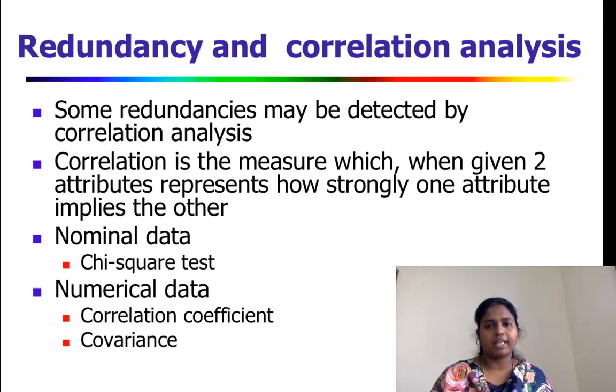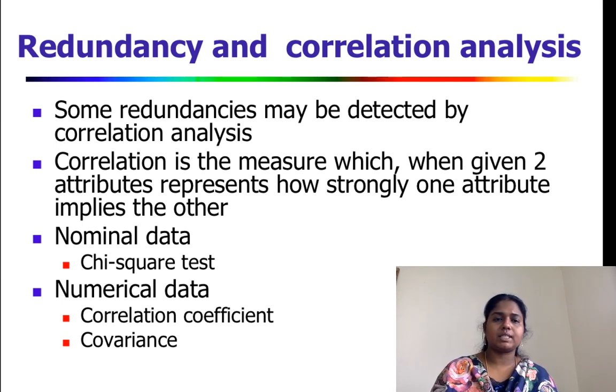If there is some dependency between these two attributes that helps me find unknown values, then I say that these attributes are correlated to each other. If the attributes are correlated, they are going to be redundant. I can remove one of them and use only one of the correlated attributes for my data mining process.